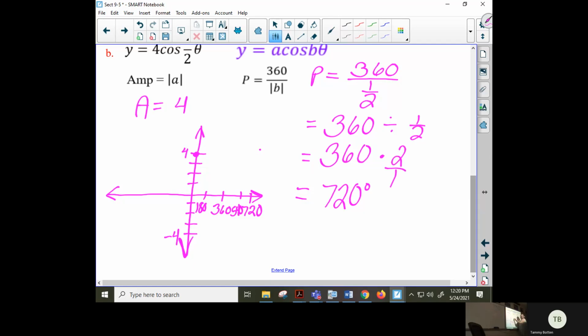And then at 720, it would end here. Halfway between these two, which is at 360, it would be down at -4. And then halfway between these, it would cross the x-axis. Halfway between these, it would cross the x-axis. And it would look like that. Okay? So that would mean that your entire period is from 0 to 720, sorry.